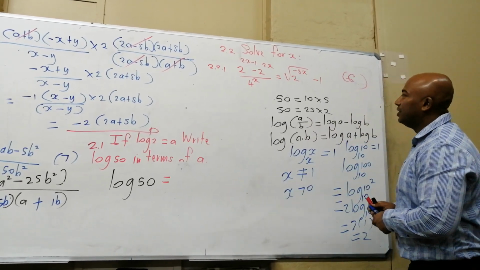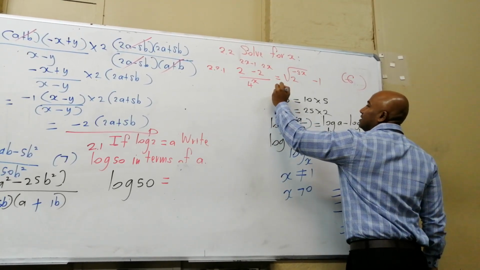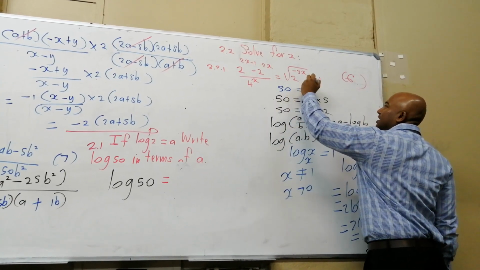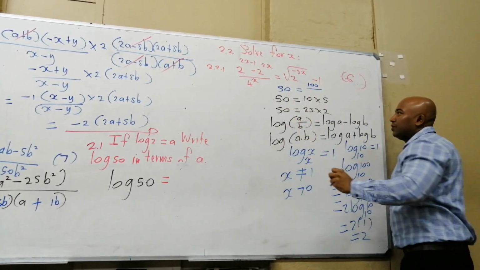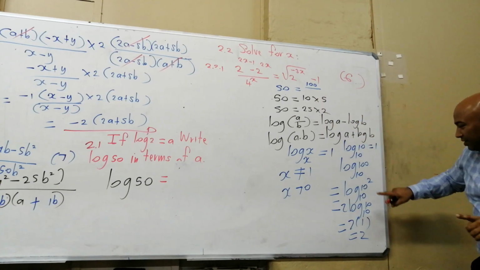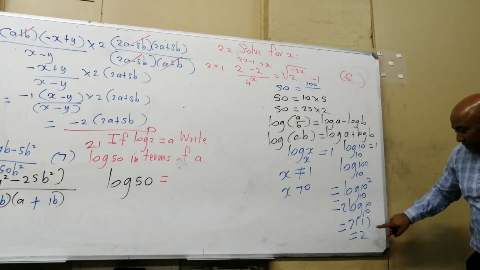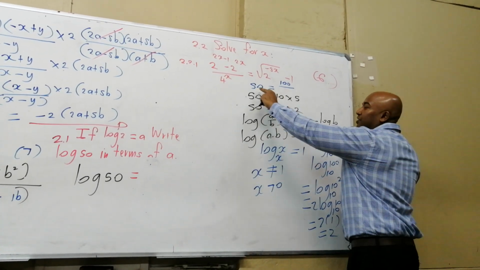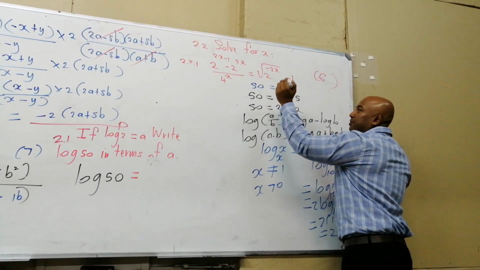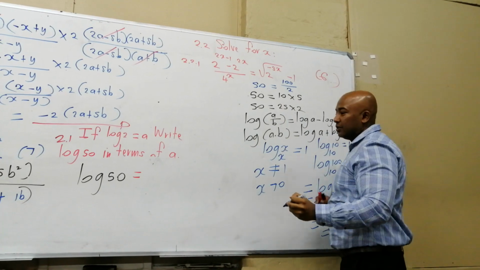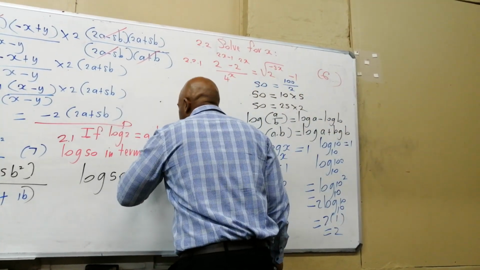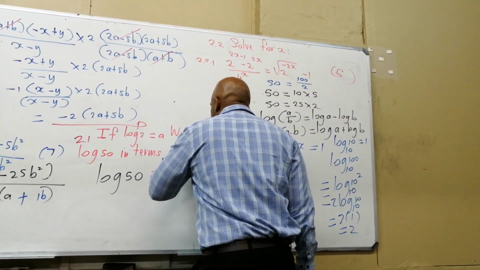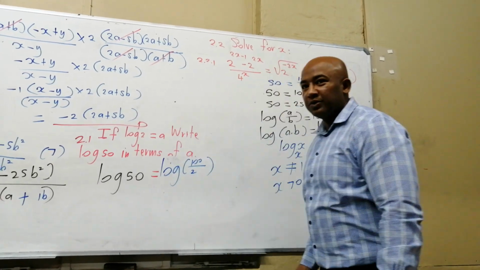But now what happens if we use division? Why am I using 100? Because I know that log of 100 is equal to what? 2. Can you see that? So 50 is equal to 100 divided by 2. So I'm going to write 50 as 100 divided by 2.